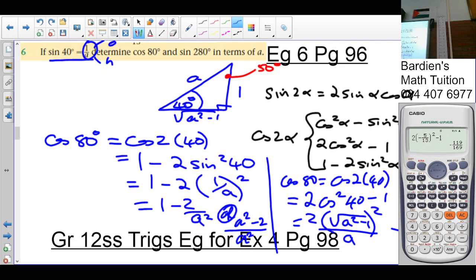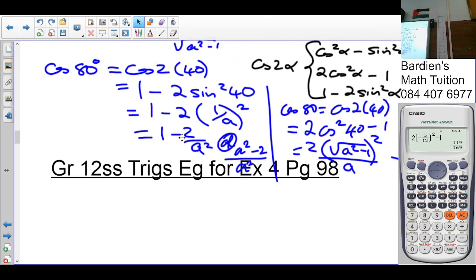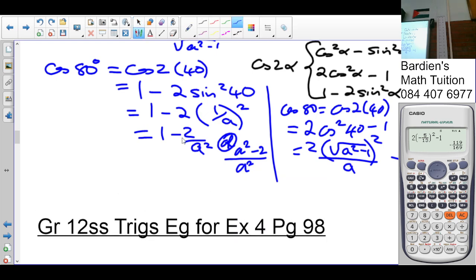Okay? So what happens is, this would simply give us 2 into, now that square root cancels that square. So it's going to be a squared minus 1 over a squared, minus 1.